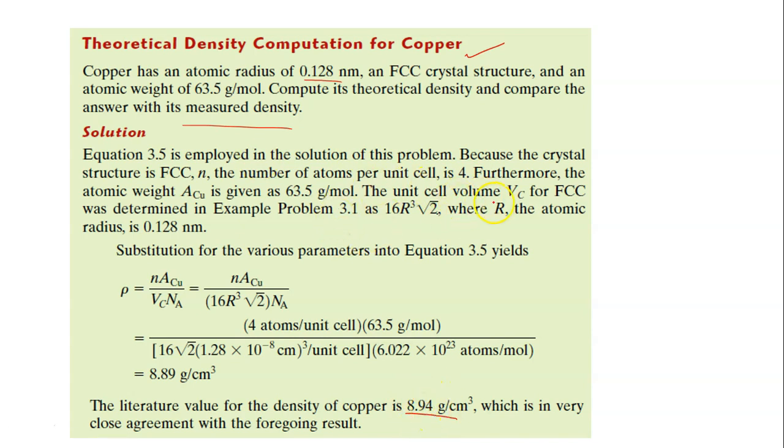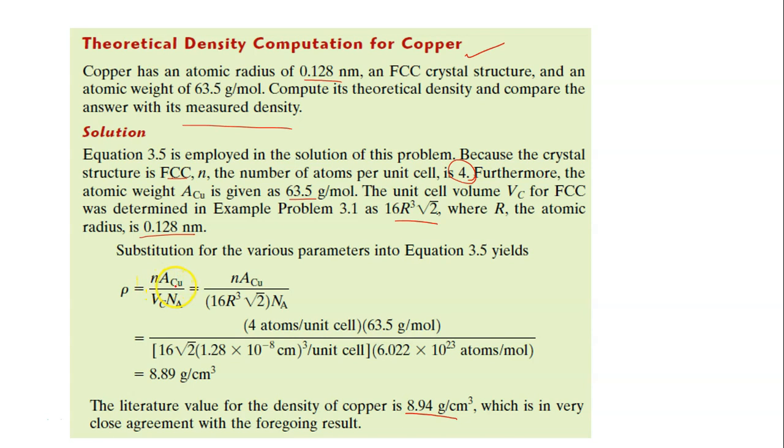Alright, how to solve this? Since the crystal structure is FCC, the number of atoms per unit cell is 4. This is fixed. And then the atomic weight of copper is also given here. And the unit cell volume also can be solved using this formula. The atomic radius is also given. So what you have to do is just substitute all the necessary values. N here is 4.